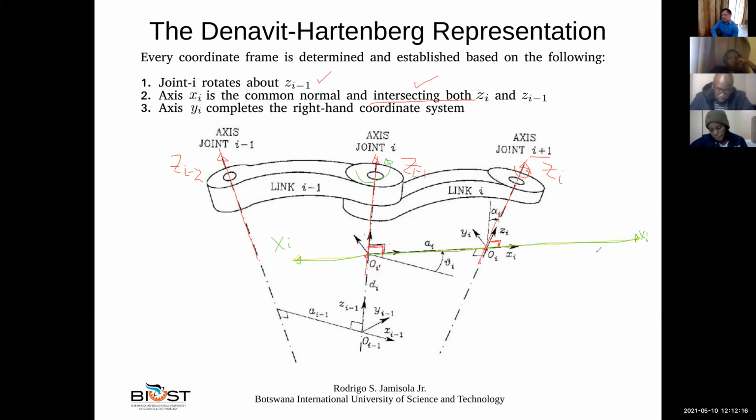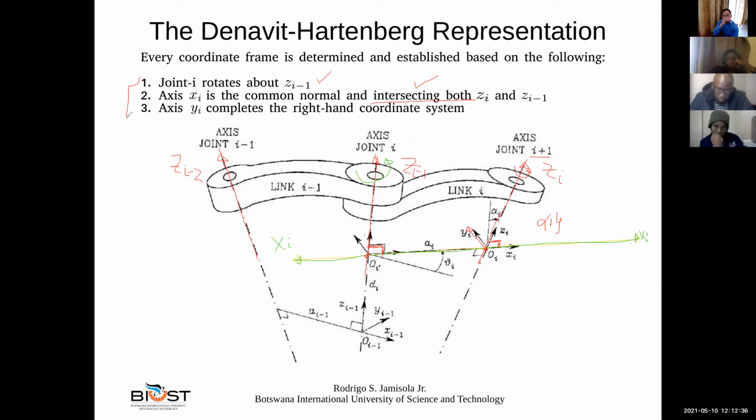And then by the right-hand rule, this is x and this is z, so y i will be there. Now that y i is there, you have defined frame i using these three conventions.